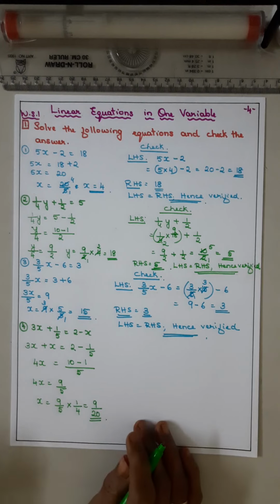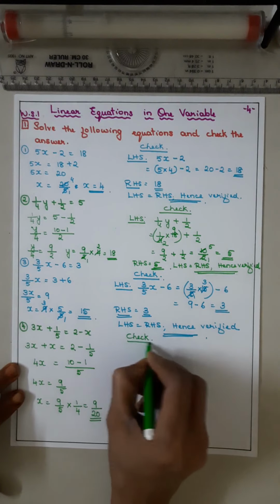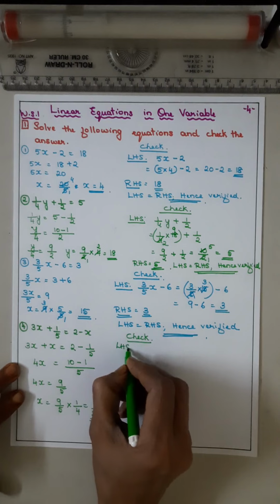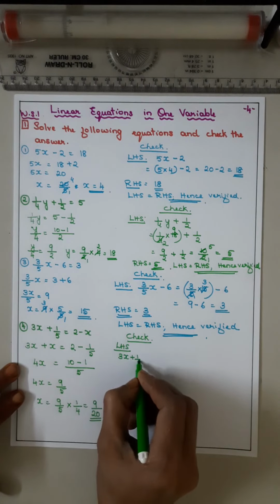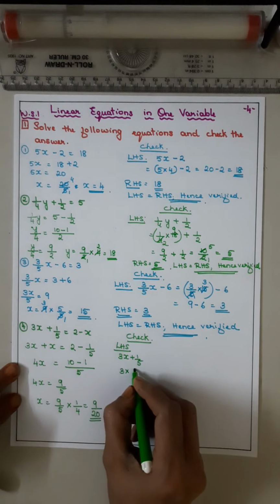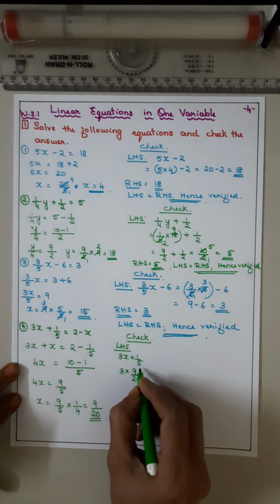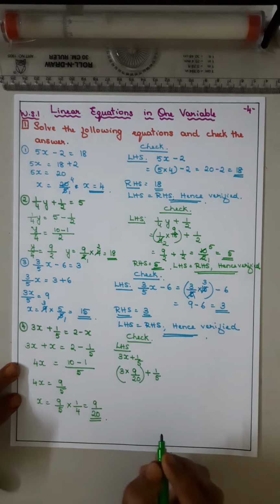So answer is x is equal to 9 by 20. Now coming to check. LHS is 3x plus 1 by 5. Okay, now 3 into 9 by 20 plus 1 by 5.